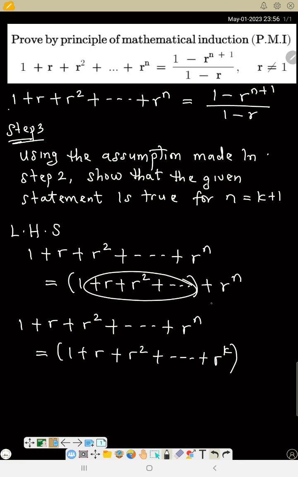So you have to complete it in terms of k, so then plus r raised to power k plus 1. Remember we are doing for k plus 1. So this n will be k plus 1. Let me change that.